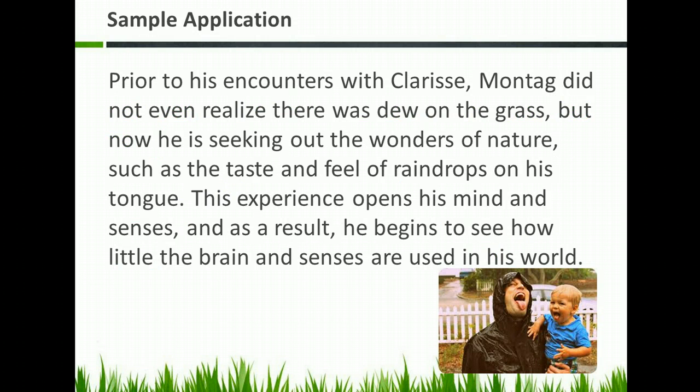So this is what I put together. "Prior to his encounters with Clarice, Montag did not even realize there was dew on the grass. But now he is seeking out the wonders of nature, such as the taste and feel of raindrops on his tongue. This experience opens his mind and senses, and as a result, he begins to see how little the brain and senses are used in his world."